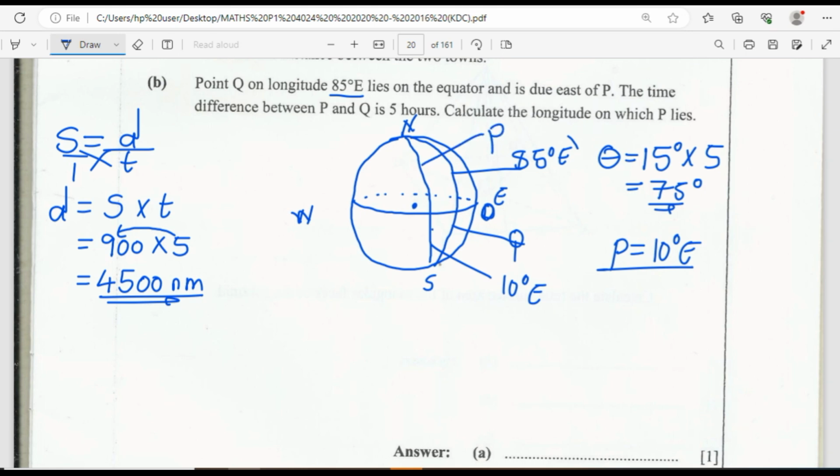And if, let's say, you want to find the difference between 85 degrees east and 10 degrees, what are we supposed to do? You have to subtract because they are found on the same side. So if you say 85 minus 10, you get 75, this answer here. So I'm sure you have the full information. So this is what we can do.